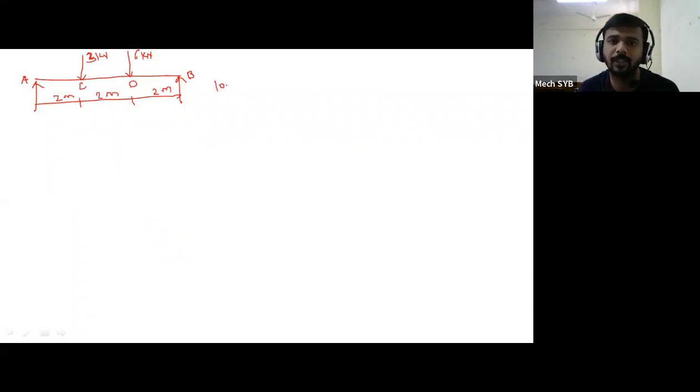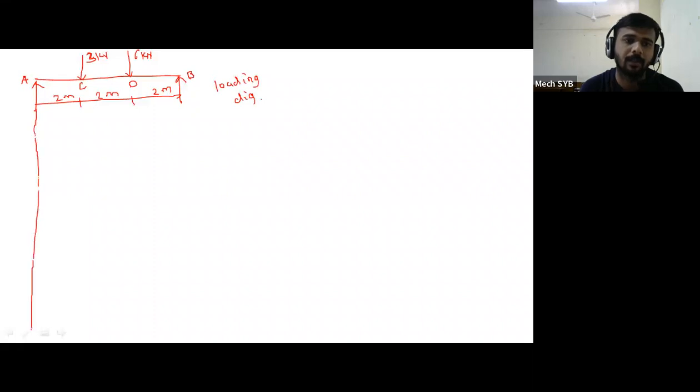This diagram is called a loading diagram. So wherever we have located the important points, their lines we have to take at the bottom side.